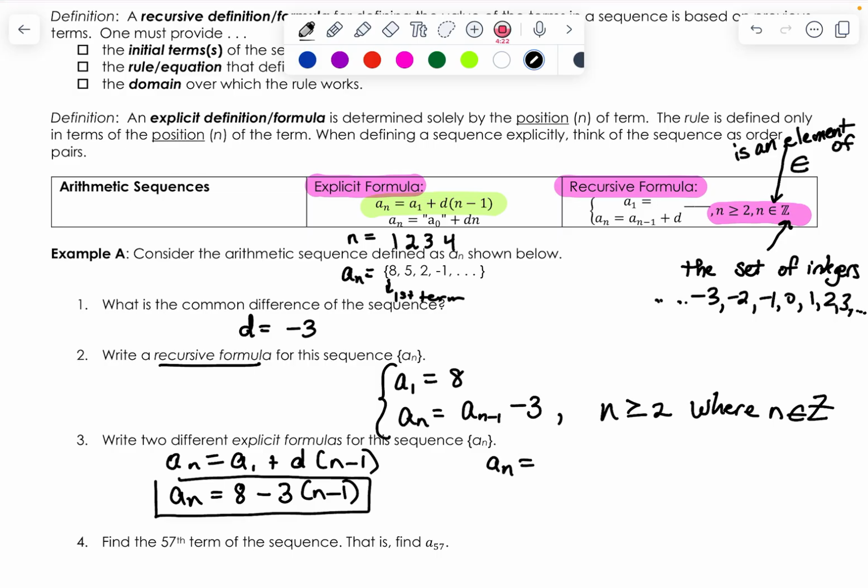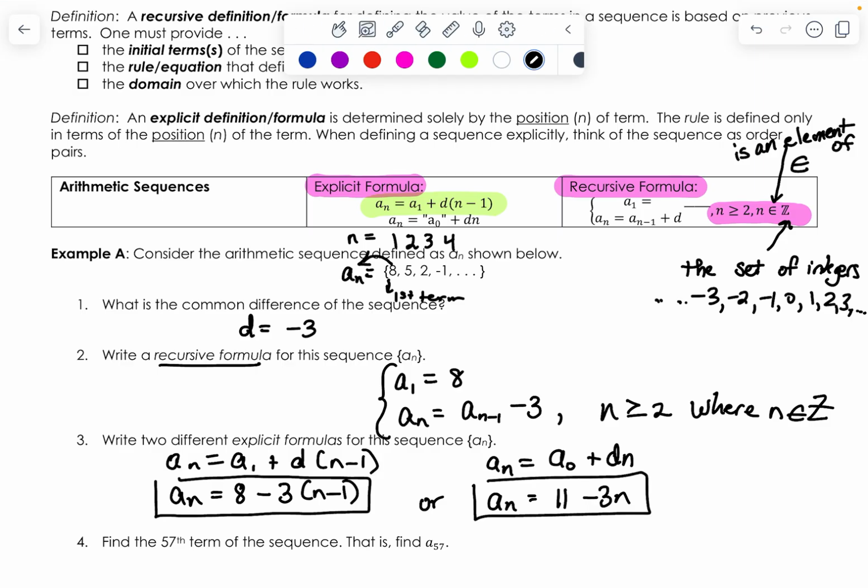The other one, what I mean by a sub 0 is if I could continue the pattern backwards, what is the one before the first one? Well, if I'm moving left, you're adding 3. So that's going to be 11 minus 3n. If you really think about it, if you did this box, 8 minus 3n plus 3, they really truly are equivalent, okay?